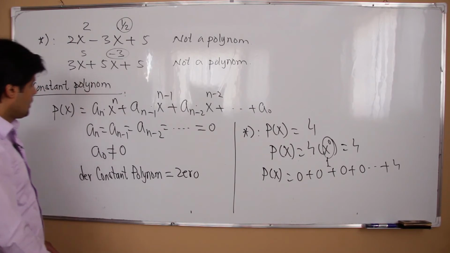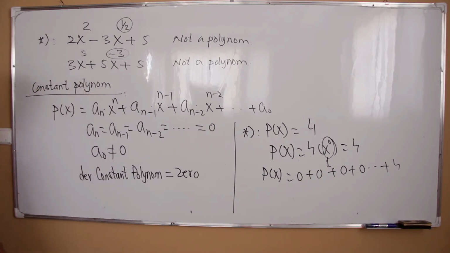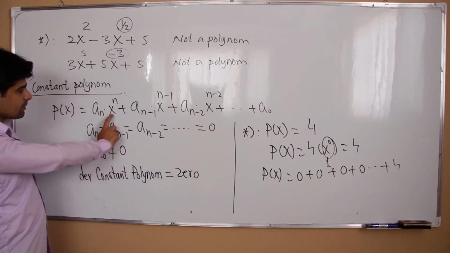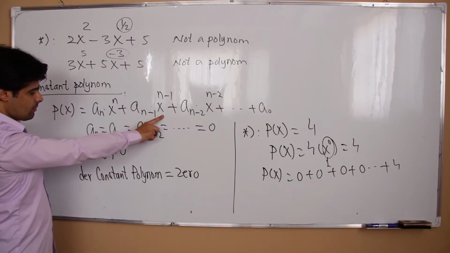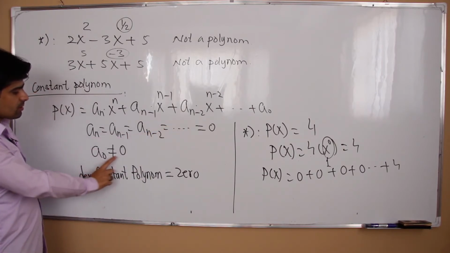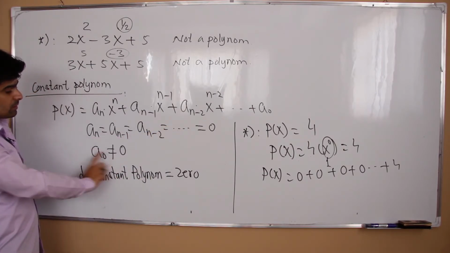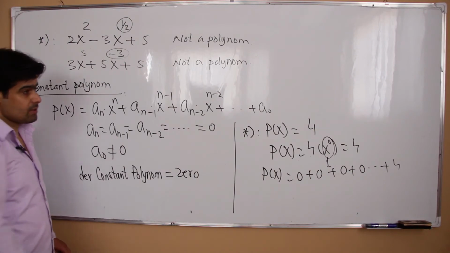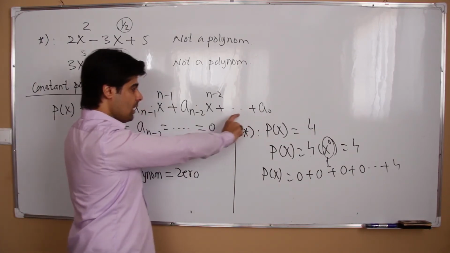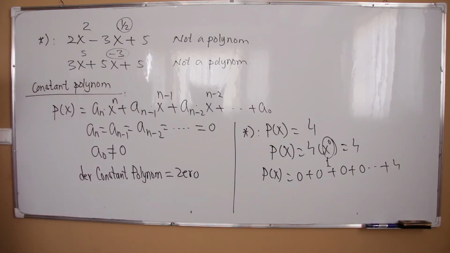So we can define a constant polynomial: it is that polynomial where the coefficients of the variable x should be 0, and the constant term should not be 0. Constant term, or constant coefficient, should not be 0, and the remaining part should be 0. Am I right or not?